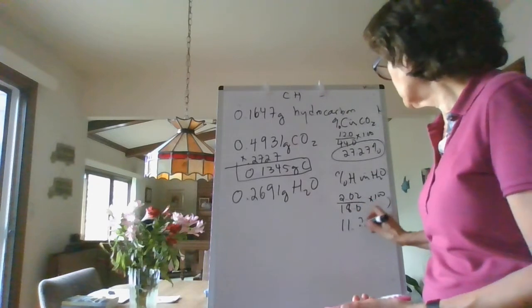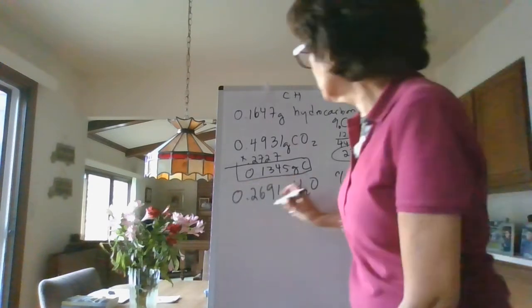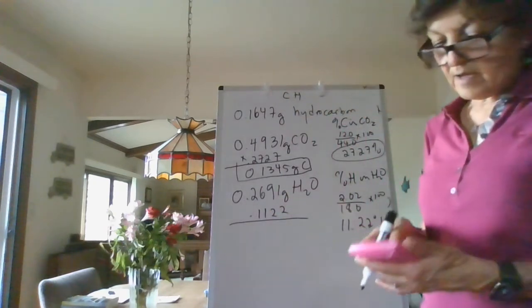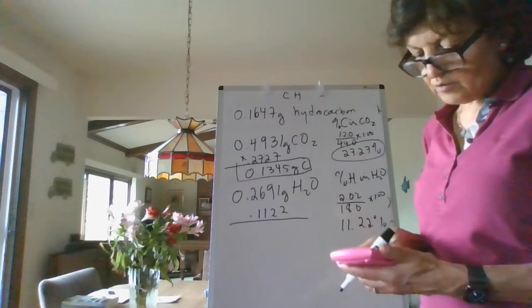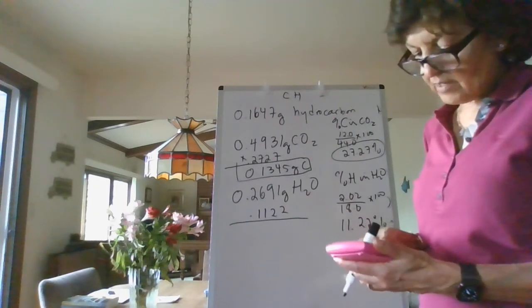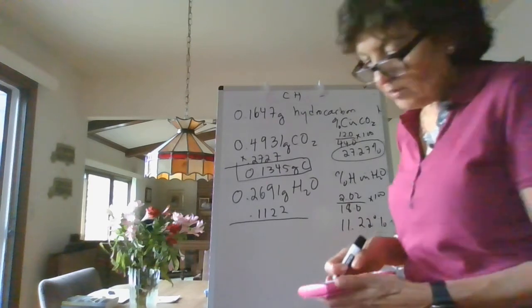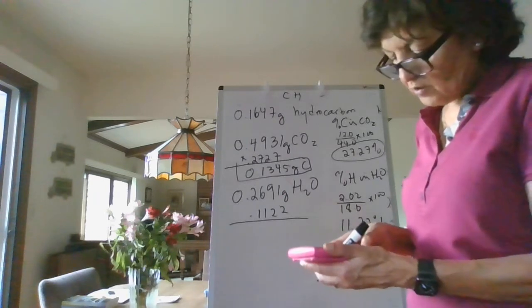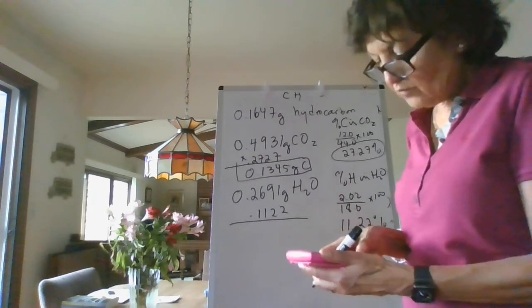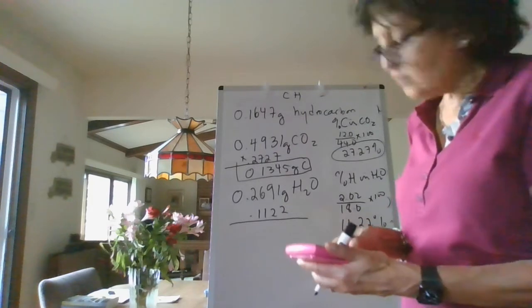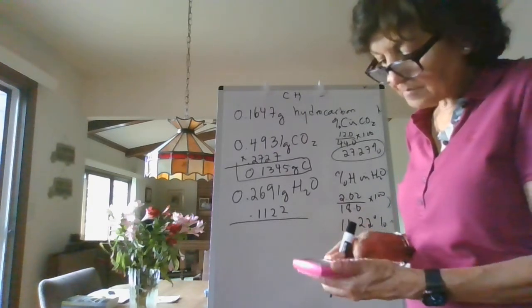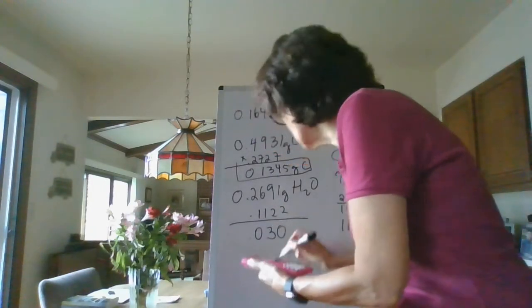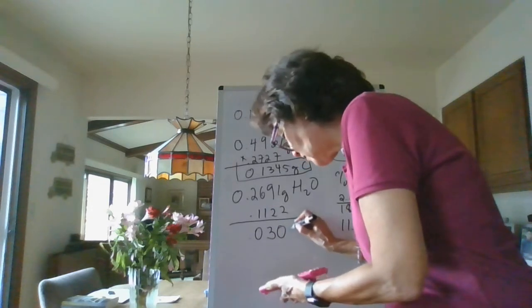11.22%. So I multiply this by 0.1122 and 0.1122 times 0.2691, and you get 0.0319.